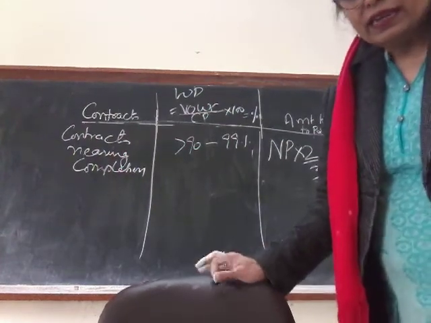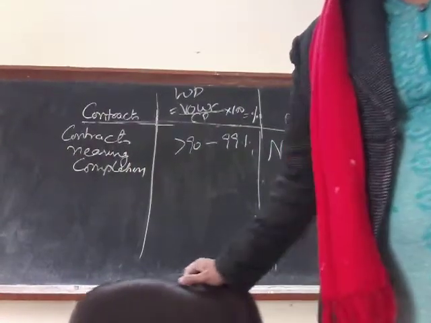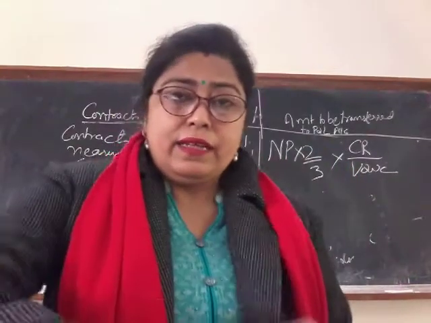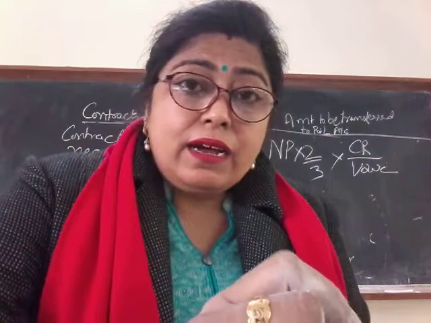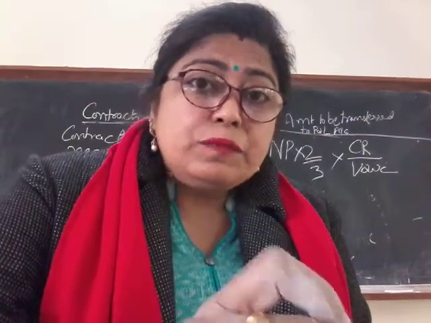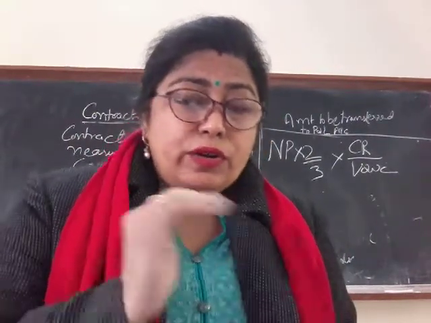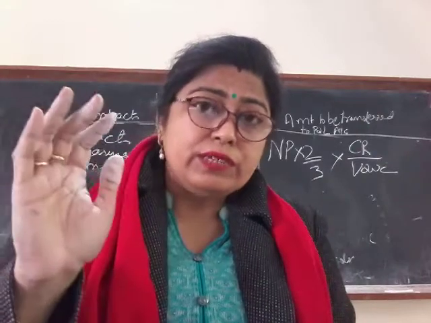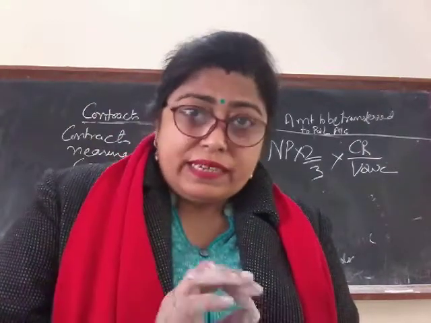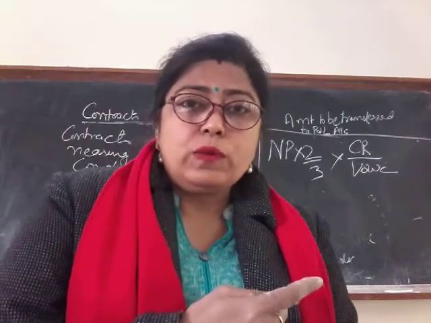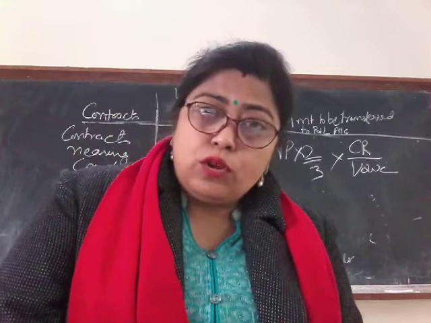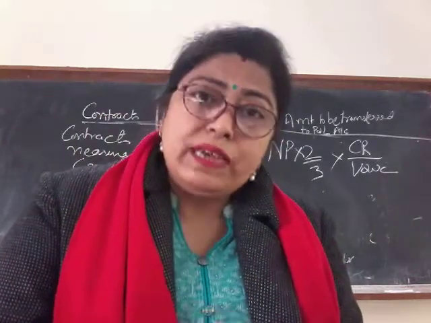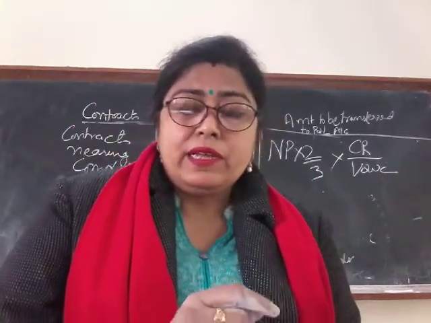Now again and again one word is coming, that is, value of work certified. I would like to give you this information that the contractor needs money, because the contract is going to go for a number of years, let's suppose, and the contractor needs money in order to do the work. So the contractee has to pay on the basis of how much work has been completed.